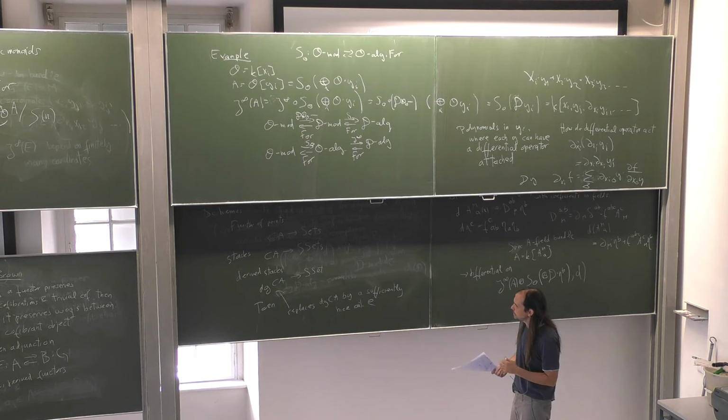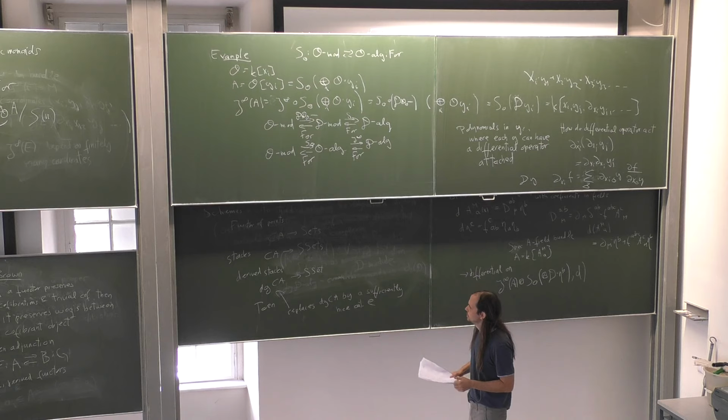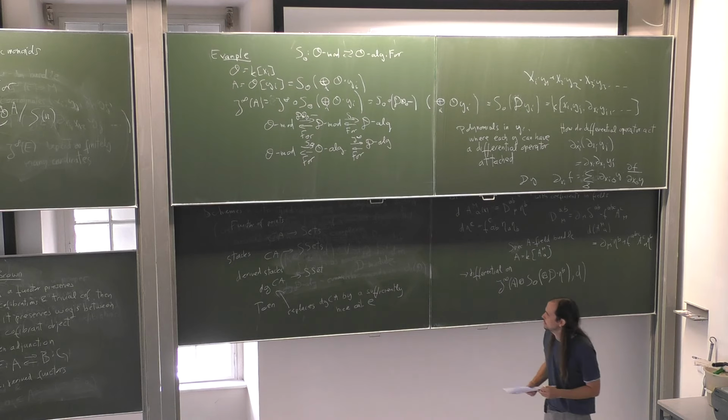We want to do this with our DGD modules. Then we will be able to get a geometry which will contain both stack and derived information and be good for jets. But the problem is that we cannot relax the condition that our base space should be affine.